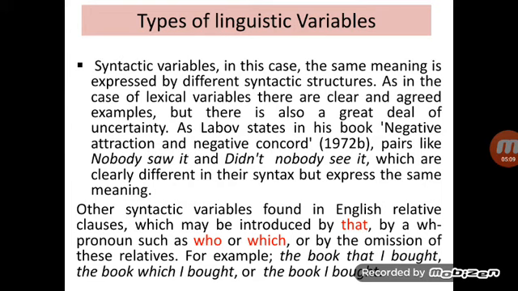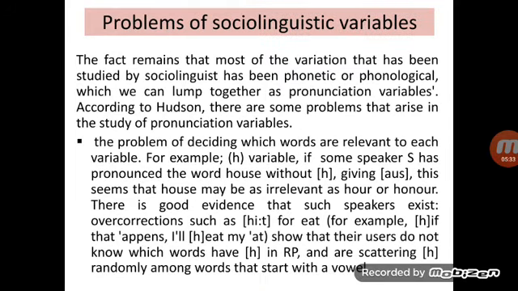Other syntactic variables found in English are relative clauses, which may be introduced by words such as that, or by a WH pronoun such as who or which, or by the omission of these relatives. For example, the book that I bought, or the book which I bought, or the book I bought.